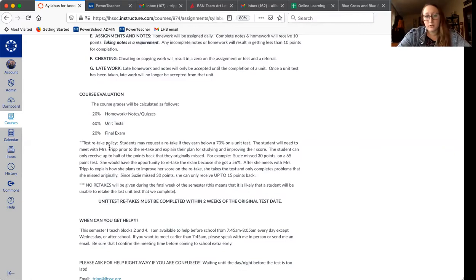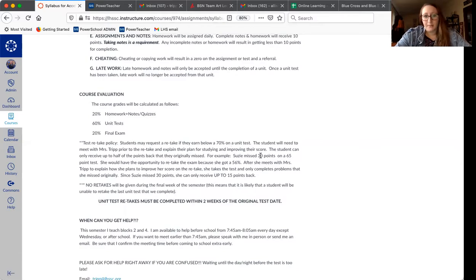So the way that I do the scoring for retakes, they'll only complete problems that they originally missed, and they can only earn up to half the points back. So I have a little example here. A student misses 30 points on a 65-point test.